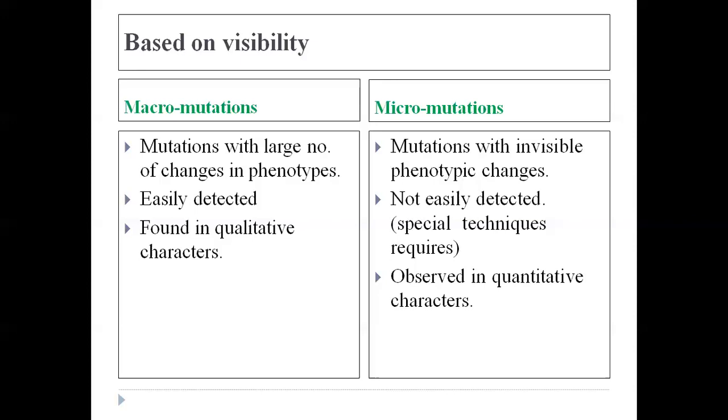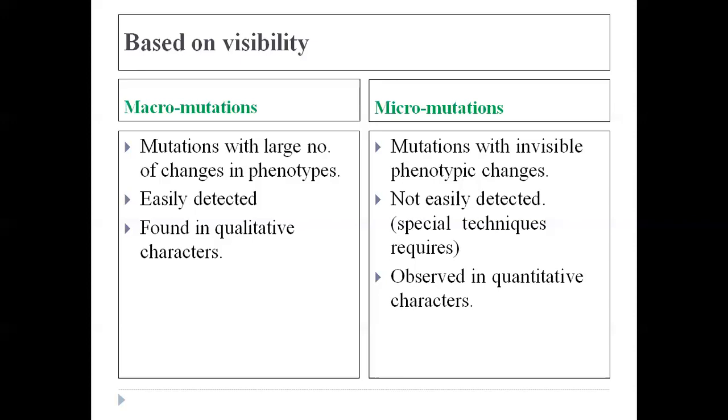These are invisible phenotypic changes and not easily detected. Special techniques are required. There are some special techniques to detect these mutations, maybe molecular, biochemical and some biophysiochemical techniques to identify the mutations, and they are observed in quantitative characters.